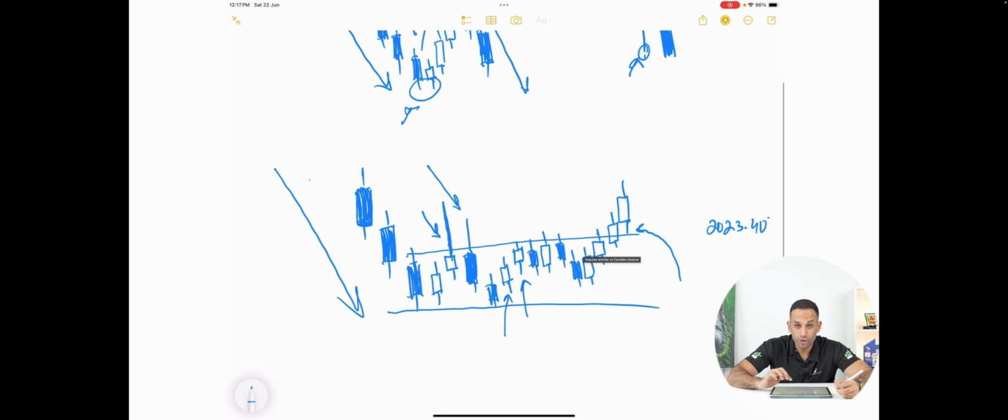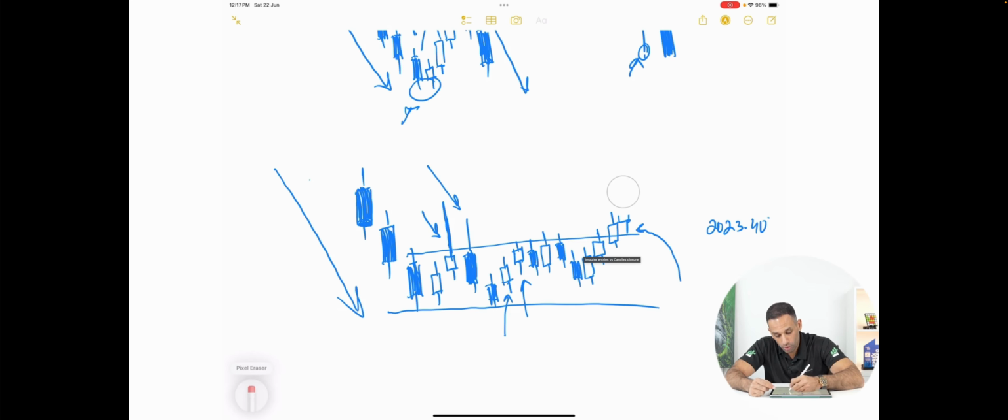Over here, the trend is consolidating. We are ranging, and we've seen these in the charts before. What we have in this scenario is this candle that's closing above 2023.40. You have wick rejections to the left-hand side.